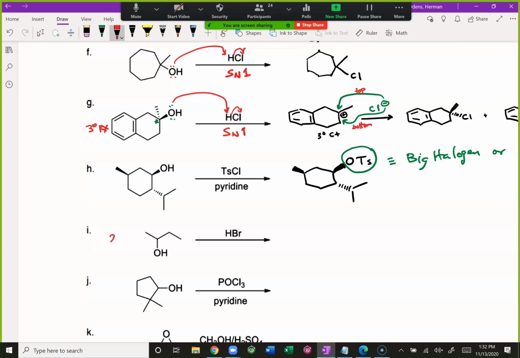What about the next example? Secondary alcohol with HBr. What are you making there? SN1. Polar protic solvent and also happens to be an acid.